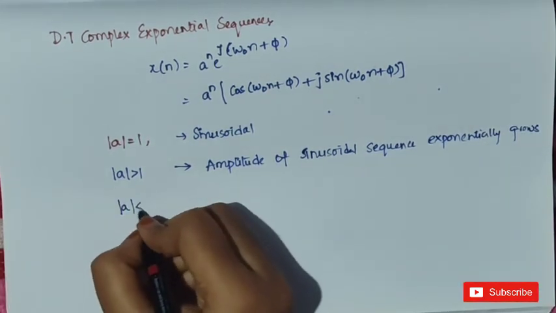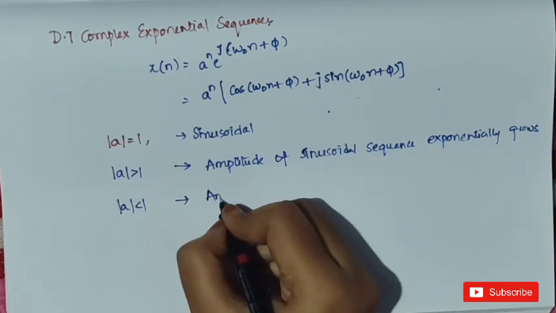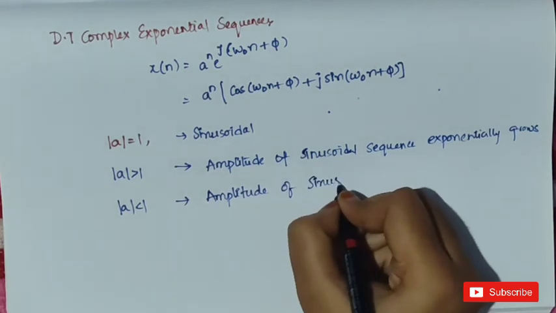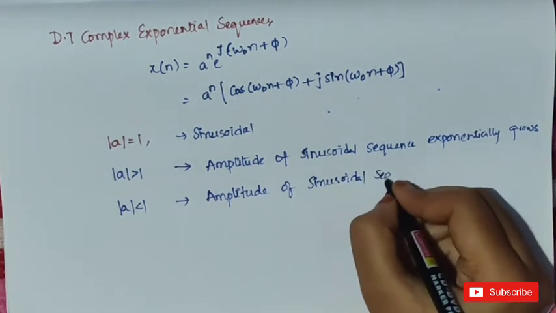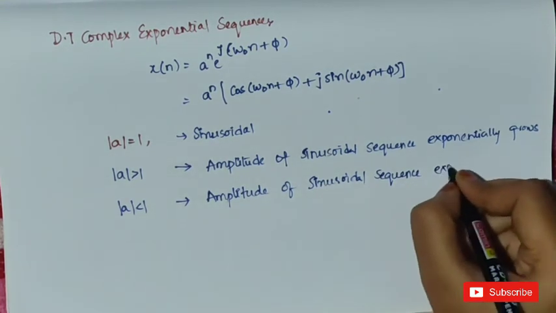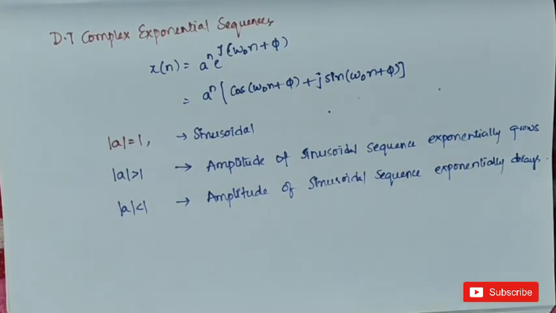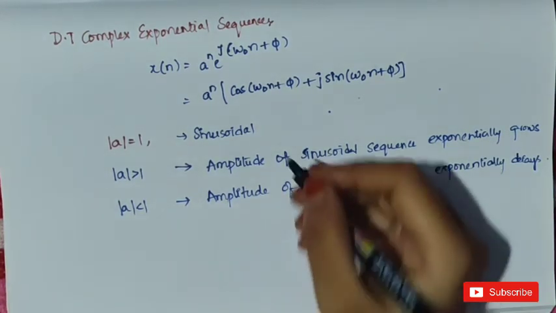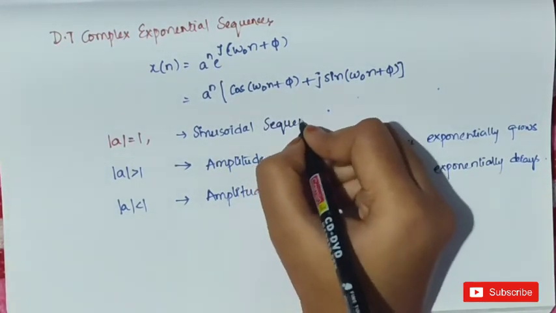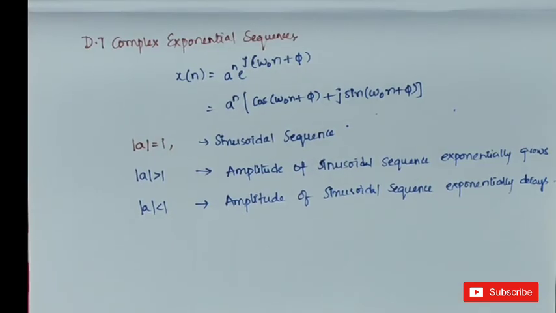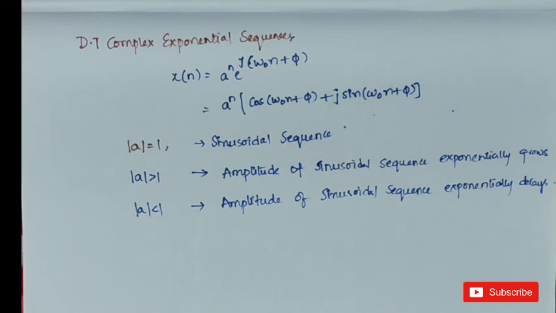If mod a is less than 1, the amplitude of the sinusoidal sequence exponentially decays. To recap: if mod a is equal to 1, the sequence is sinusoidal; if mod a is greater than 1, the amplitude exponentially grows; if mod a is less than 1, the amplitude exponentially decays.